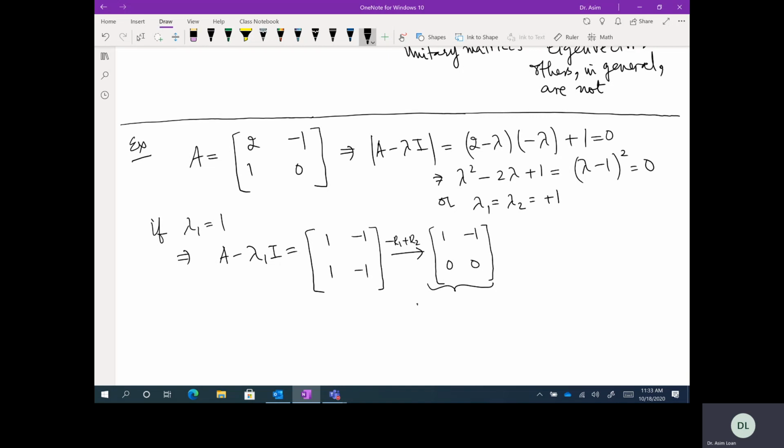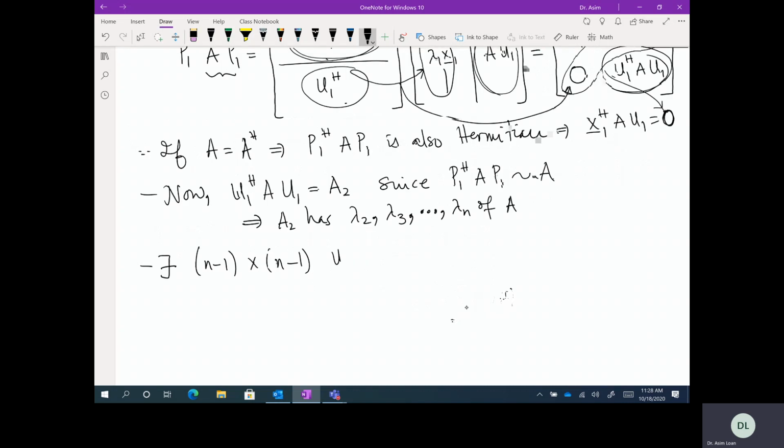The nullity, the dimension of the null space of A minus lambda 1 I is equal to, so the rank is 1 because there is one pivot. So the dimension is n, the number of columns, minus the rank, which is 2 minus 1, which is equal to 1. So this implies only one eigenvector in the null space. There's only one eigenvector in the null space.